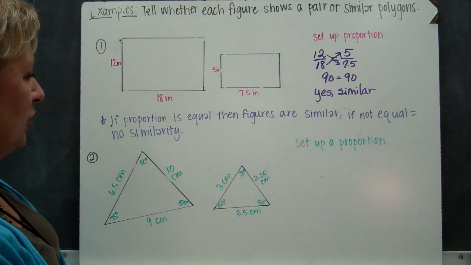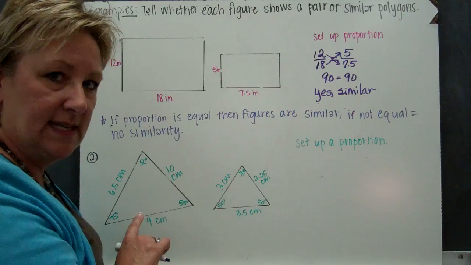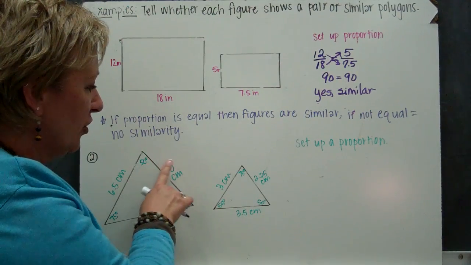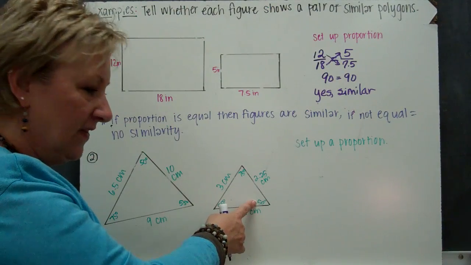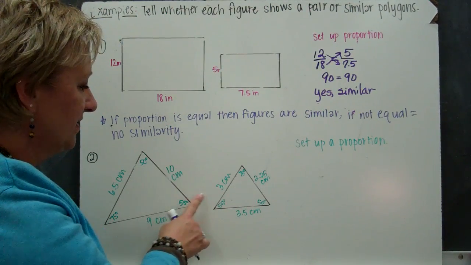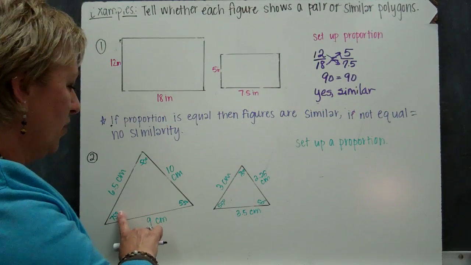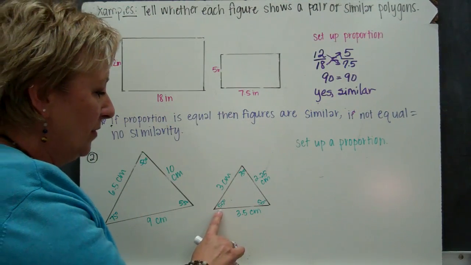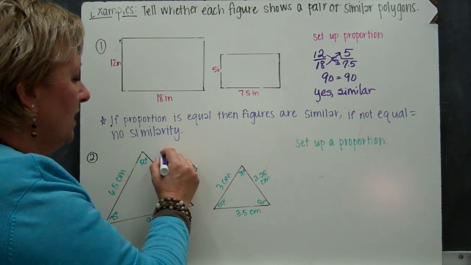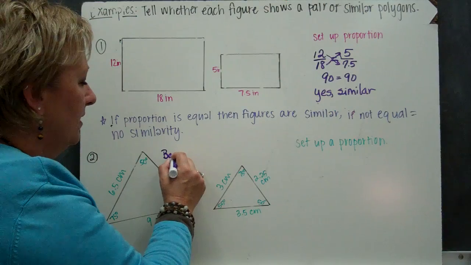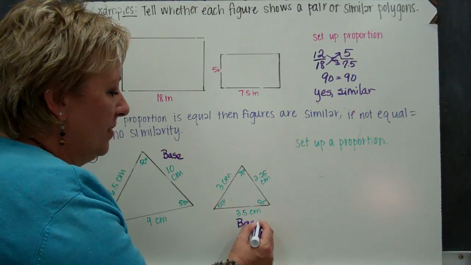All right, what we learned before is I can take these degrees in my angles, and I want to make sure that this 50 degree is going to be right where that 50 degree angle is. This 55 is going to be where this 55 degree angle is, and this 75 should be over here where this 75 angle is. If I'm looking at the 55 and 50, this looks like the base that is going to be similar to this base if they're going to be equal to each other.